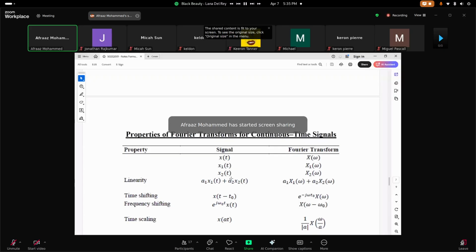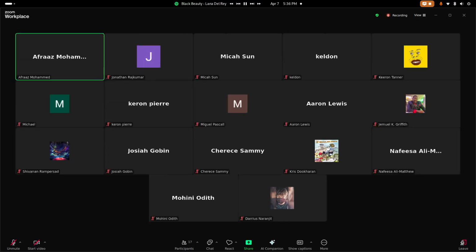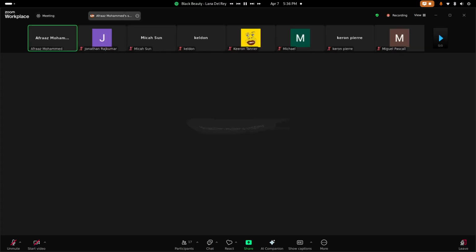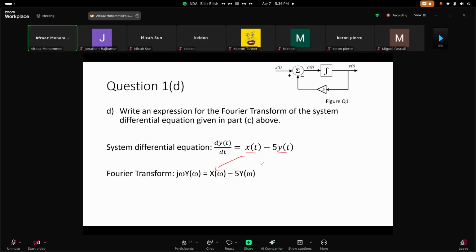If we look at the properties of the Fourier transform, we see that a signal x of t has Fourier transform x of omega. So x of t is going to give you x of omega, and y of t is going to give you y of omega. So 5y of t is going to give you 5y of omega.